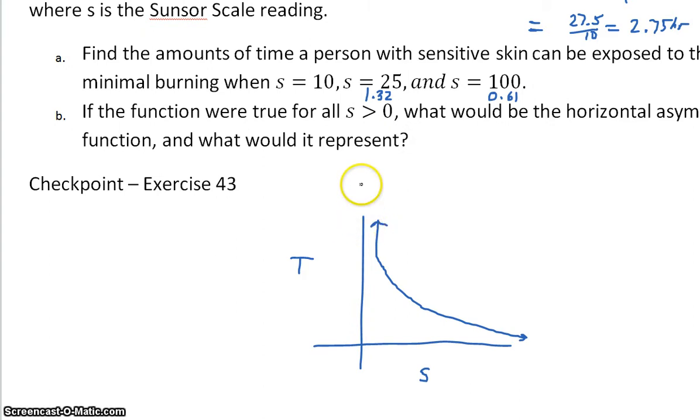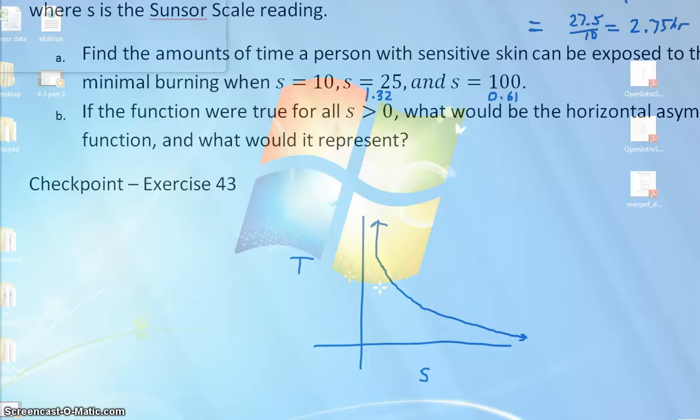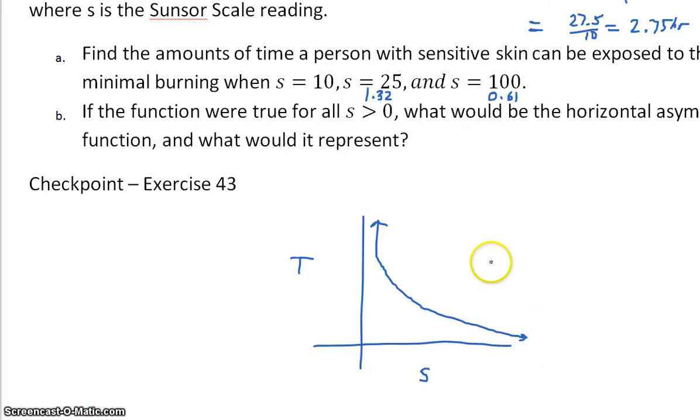Okay? If this function were true for all Sunser ratings, what would be the horizontal asymptote of the function? And what would it represent? Well, if we're going to talk about the horizontal asymptote, the degree in the numerator is equal to the degree in the denominator.